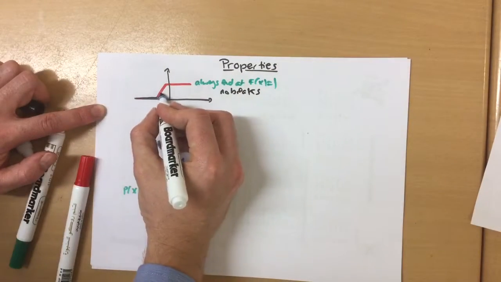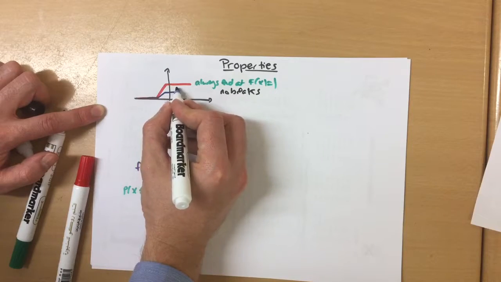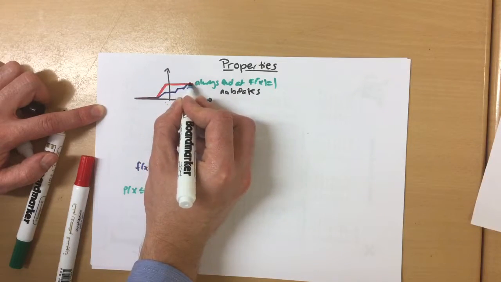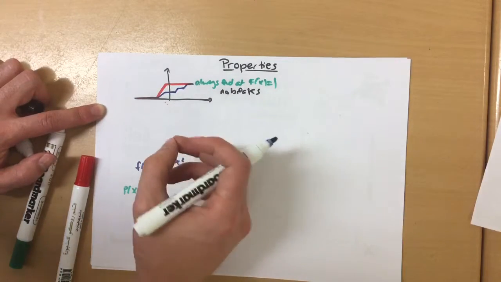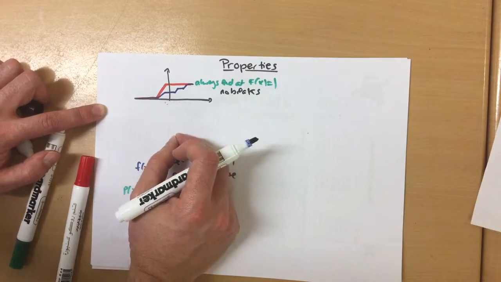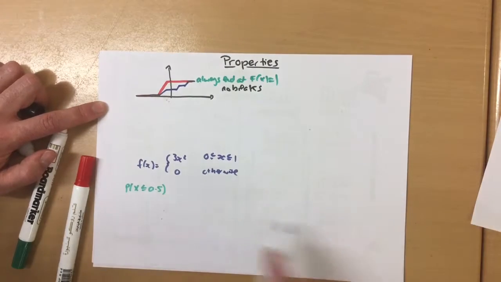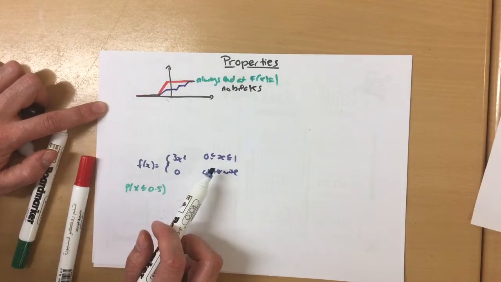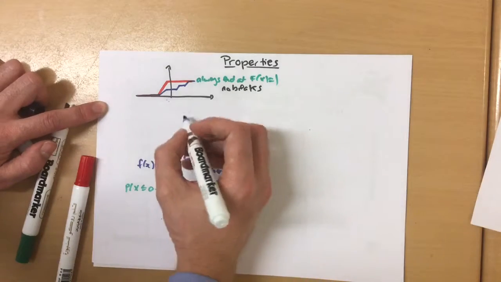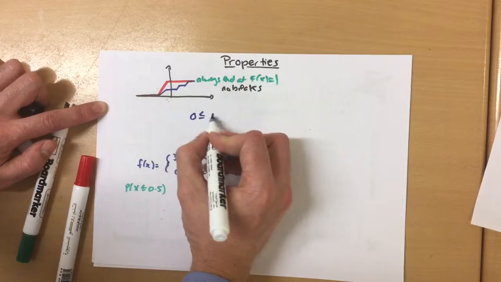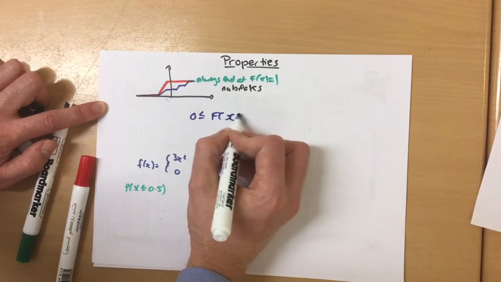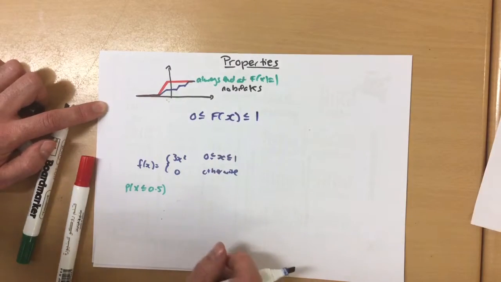So they can only be rising or horizontal, straight or flat. Okay, it can't go down again. You can't take off probabilities, you're only adding on to it. The other property of course being that all values are going to be between 0 and 1 inclusive.